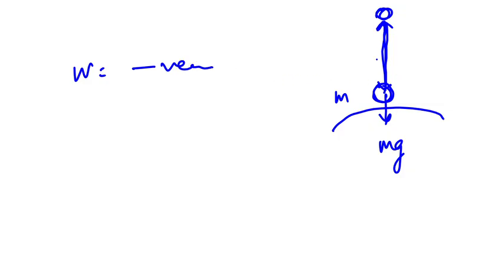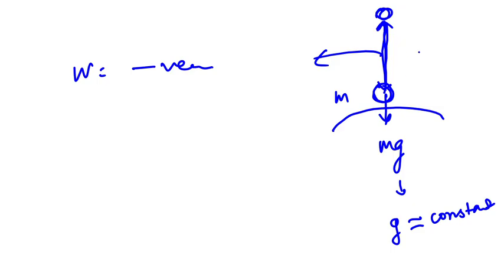But there is rise in potential energy, and that rise, let's say this is a very small displacement, so that this mg is not going to vary too much, means this acceleration due to gravity is not going to vary too much.